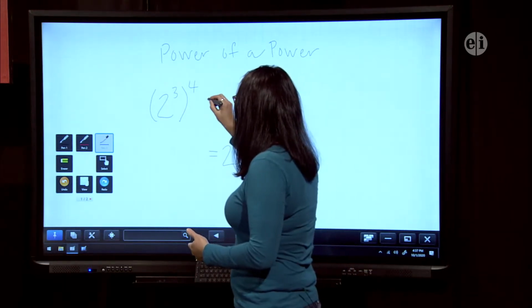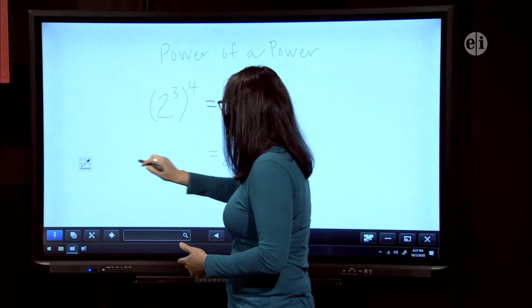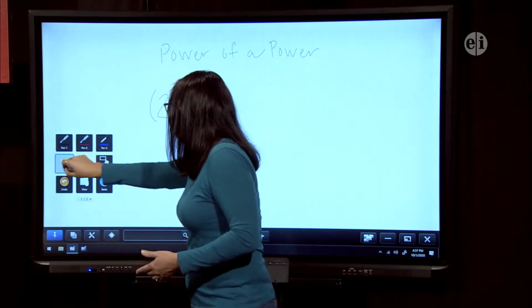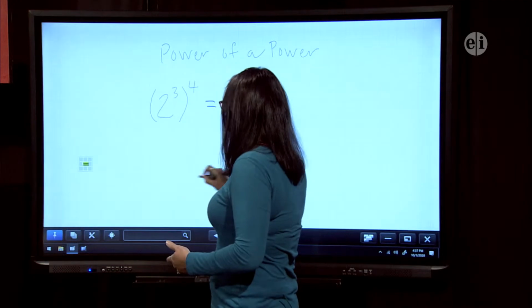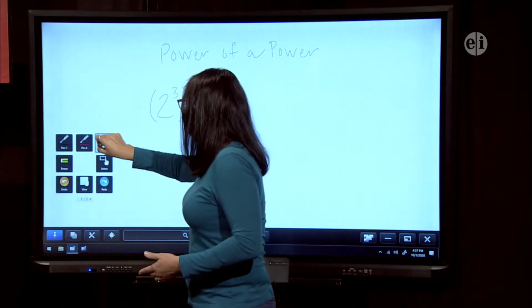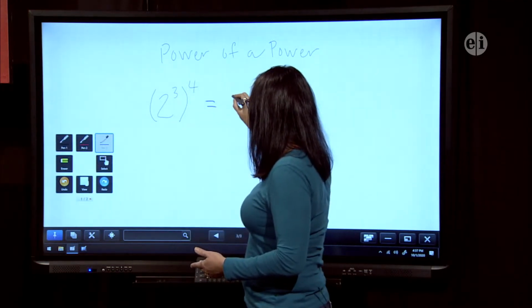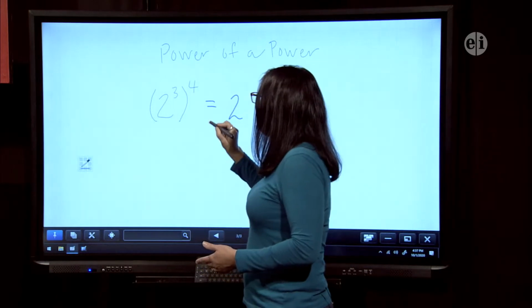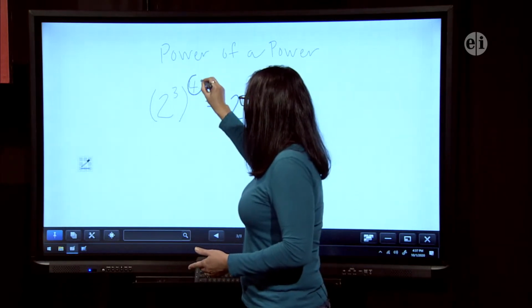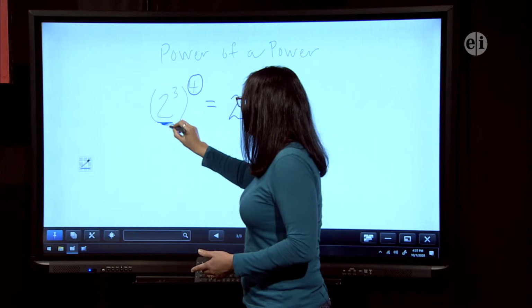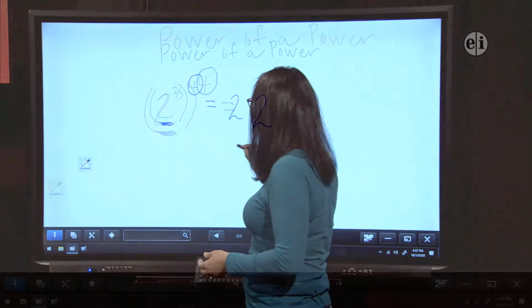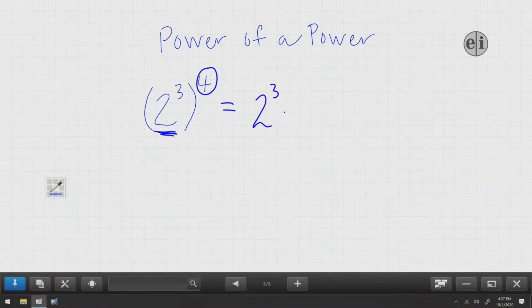Yeah. So I have told you that it's copies multiplied together, right? So let's go with what my definition was. My base is 2. It's still 2. But this exponent is telling me that my base is actually 2 cubed. So what I'm doing is I'm doing 2 cubed once, 2 cubed twice, 2 cubed 3 times, 2 cubed 4 times.